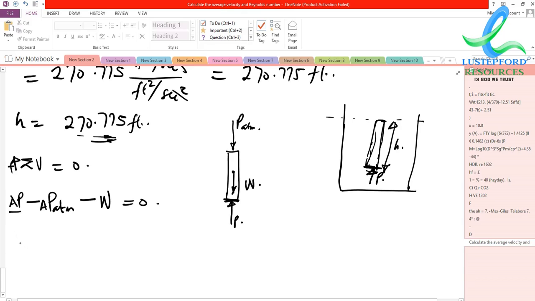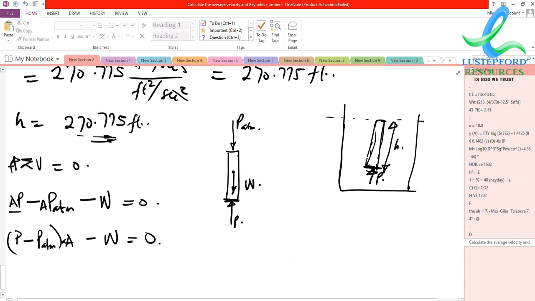Here you have P minus P atmospheric times A minus the weight.